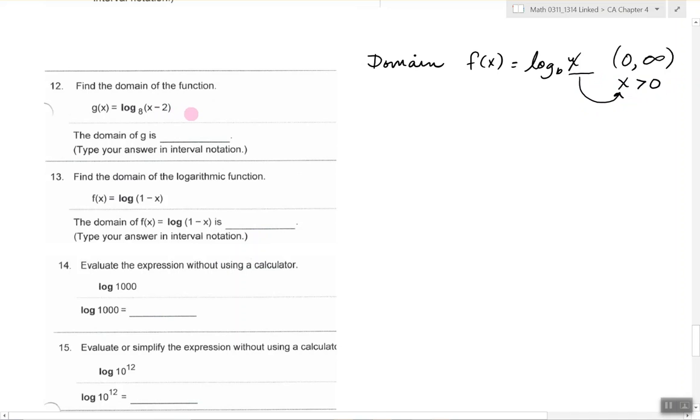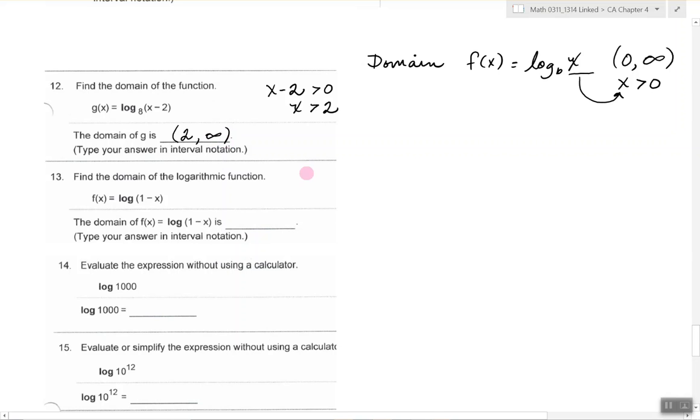So you can graph this and you can sort of see what the domain is, or you can calculate. You can say x minus 2, the argument, has to be greater than 0. Add 2 to both sides. X has to be greater than 2. They want the answer in interval notation. Greater than 2 is 2 with parentheses toward positive infinity.